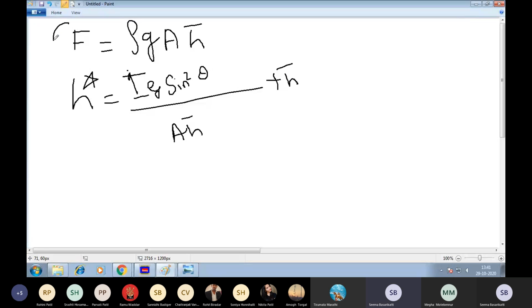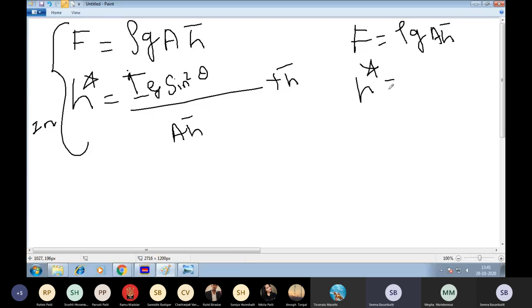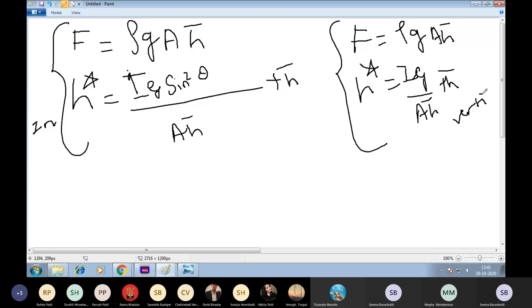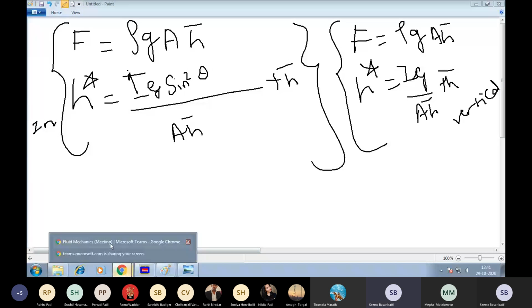This is for inclined. And for vertical, F is equal to rho g A into h bar, and h star is calculated by taking Ig divided by A into h bar plus h bar. So this is for a vertical condition. Understood, my dear students? Understood? Yes, ma'am.